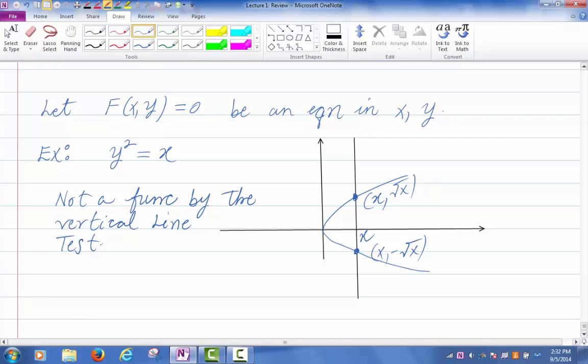You agree with that? If I look at it the other way around, horizontally, x is a function of y. I can view it that way, but y is not a function of x. So when I'm saying vertical line test, I'm determining whether y is a function of x, not whether x is a function of y.